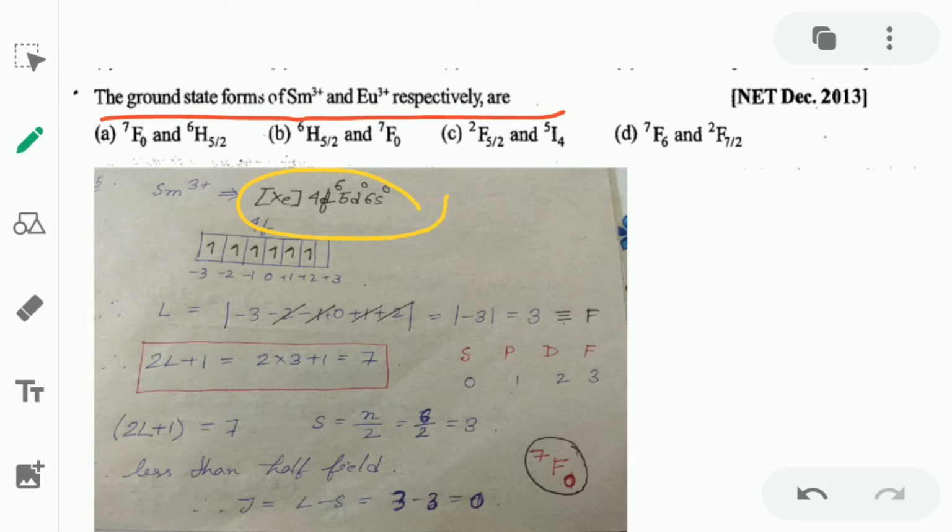From that, we can say the number of unpaired electrons, that is n equal to 5 here, which occupy the f orbital.